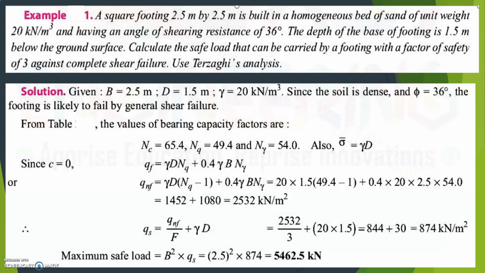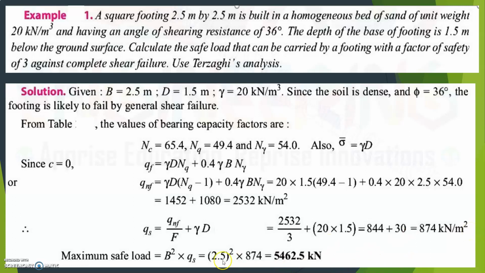This is the safe bearing capacity. Now we have to calculate the safe load. You know stress is equal to load divided by area, so the load is equal to stress into area. Here stress is nothing but bearing capacity, a pressure in kilonewton per meter square, into area gives the load.